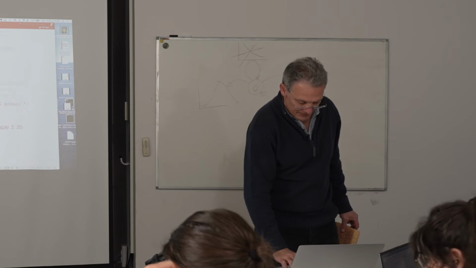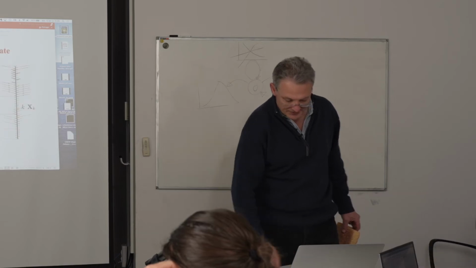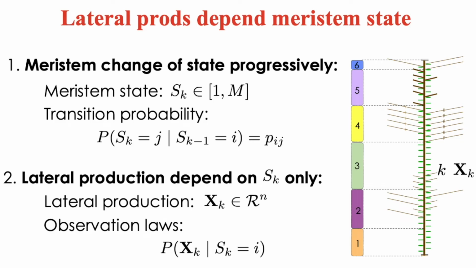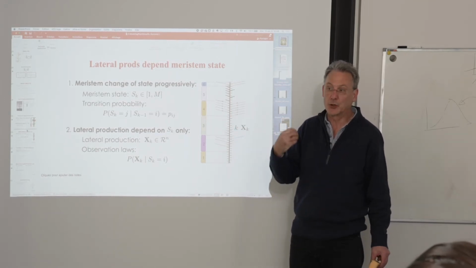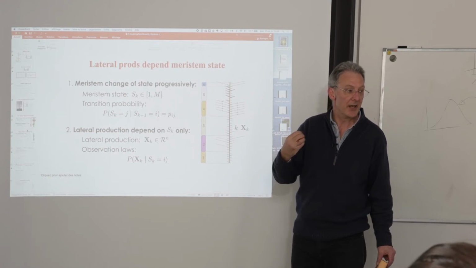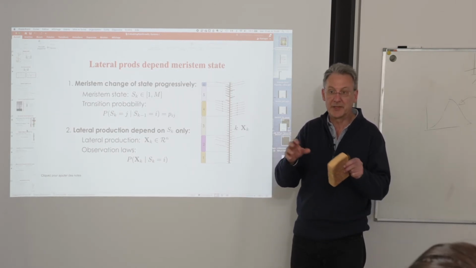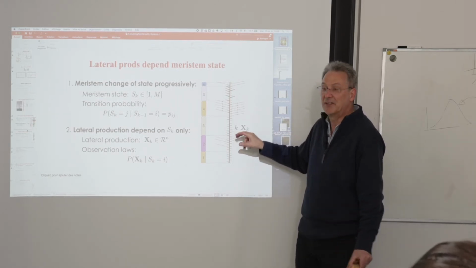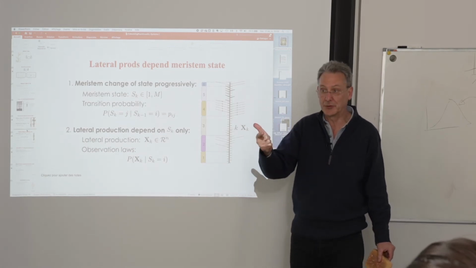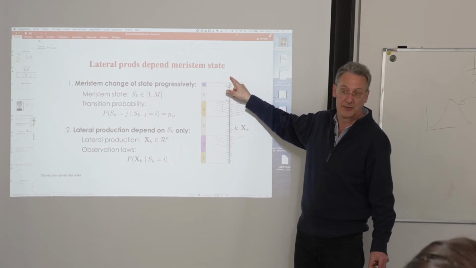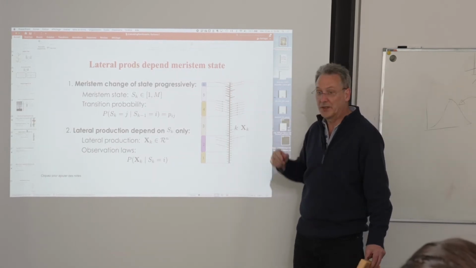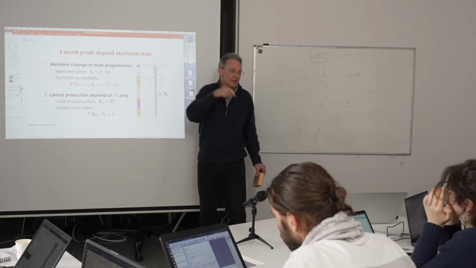So the idea behind hidden Markov models is that, for the lateral production, I may want to describe the state of the meristem independently of what is actually occurring at that node. I want to consider that the state at node K is not whether I will have a branch or not. It's just a state that will describe the state of the meristem while I'm going through the system. And then what I'm going to observe will depend on this state.